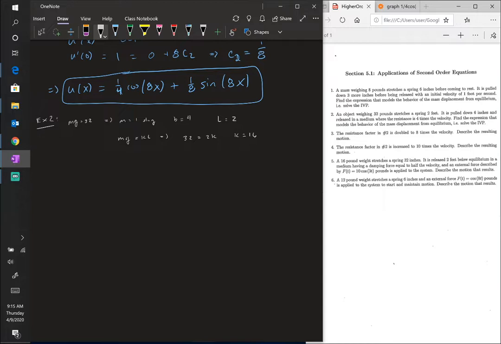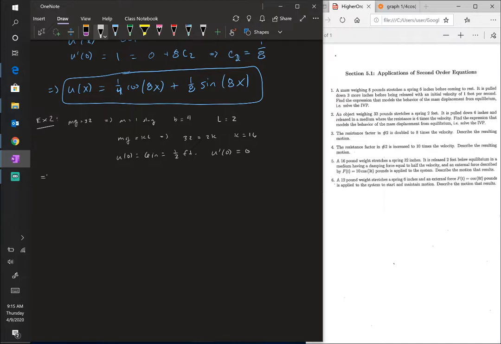And then the initial displacement u of 0 is 6 inches, which I have to convert to feet so everything is consistent. And it's pulled down and released, so it doesn't get any initial velocity, so u prime of 0 is 0.